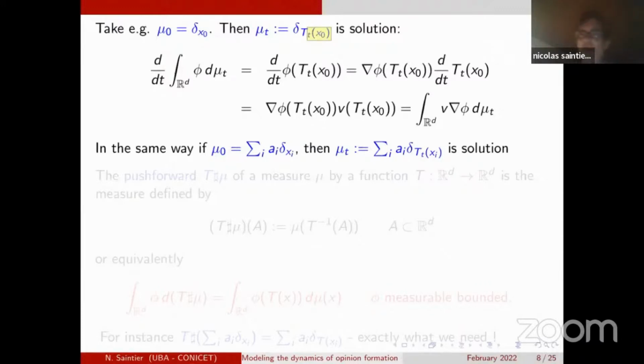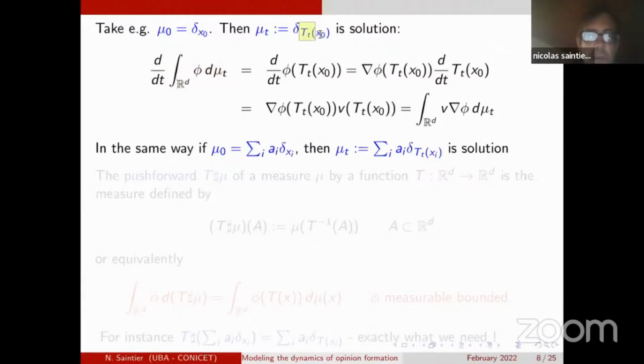So I take a test function phi, and I would like to compute the derivative of this integral. So what is this integral? Well, easy. Integrating against the Dirac mass is only evaluating the function at the point of the Dirac mass.